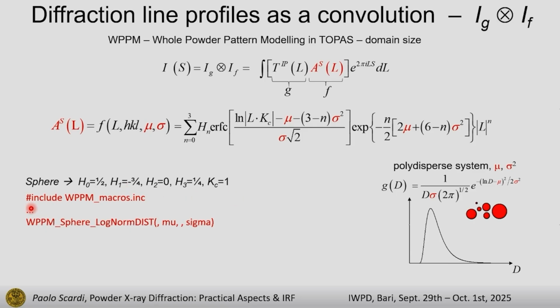And as you see, this macro has just two parameters that Topas will optimize. And if you're not satisfied with mu and sigma, because I don't know how much you know about log normal distributions, but the log normal mean is not the mean. It's the log normal mean. So there are simple formulas that, from log normal mean and log normal standard deviation, give you the regular mean and the regular standard deviation.